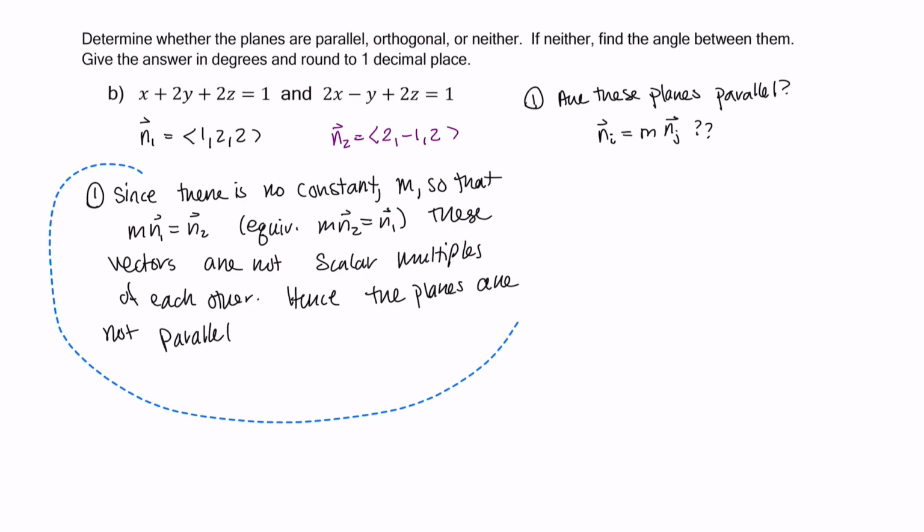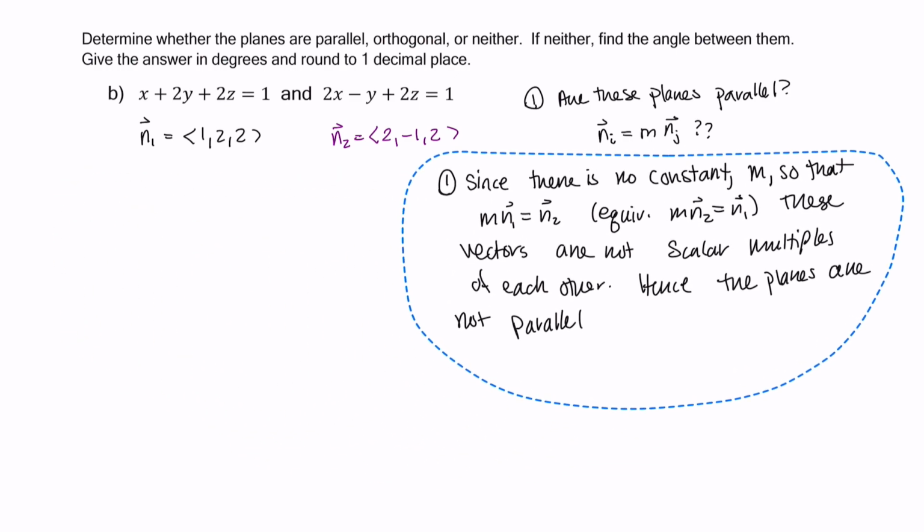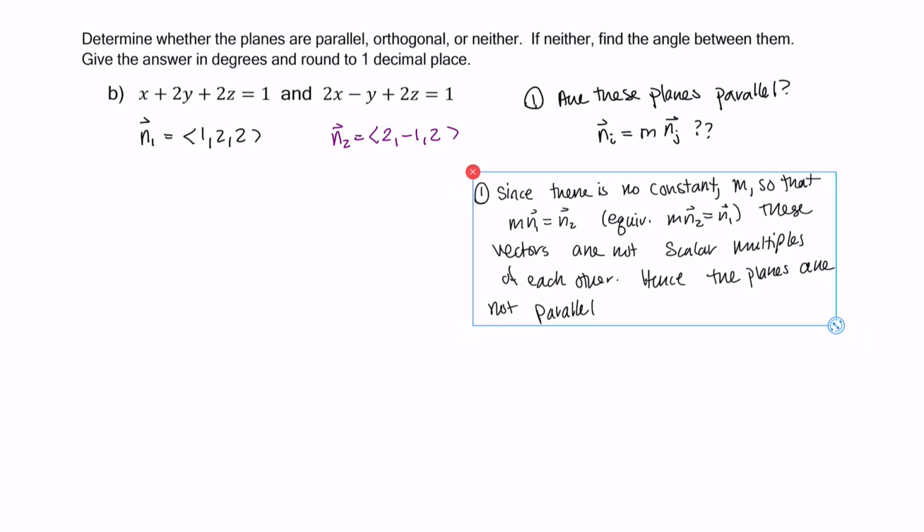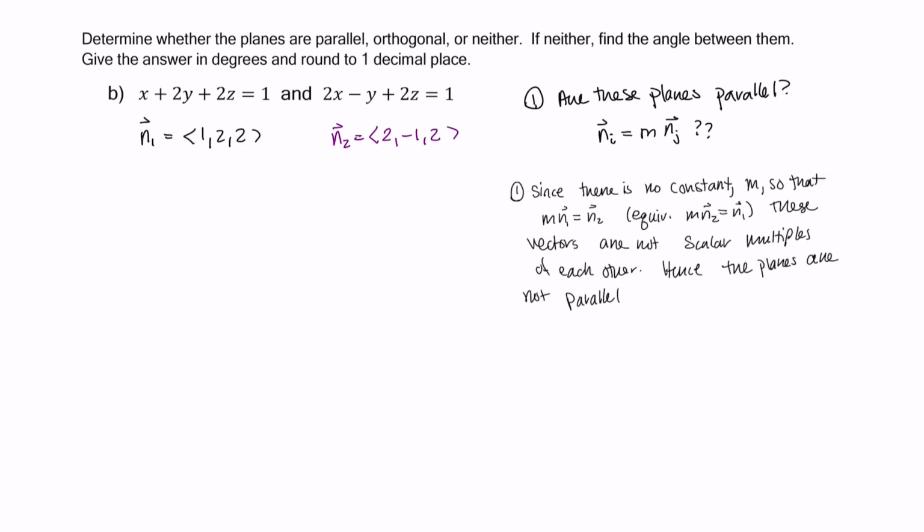Now, in the interest of space, I'm going to move this right below here. All right, so now we get to ask ourselves the second question, and that is, are these planes orthogonal? In order to show that, let's take the dot product of these vectors. So in essence, what we're really asking ourselves is, does the dot product here equal 0?